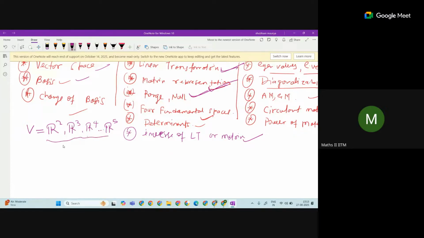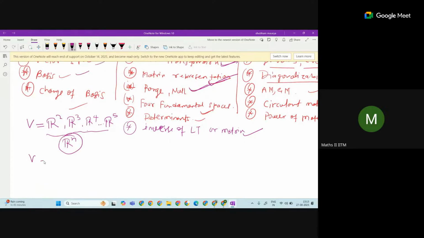This much is enough. If it is beyond R5, then we are talking about Rn, and a question for Rn would surely involve some theorem or statement. Also vector spaces C2, C3. That's all.